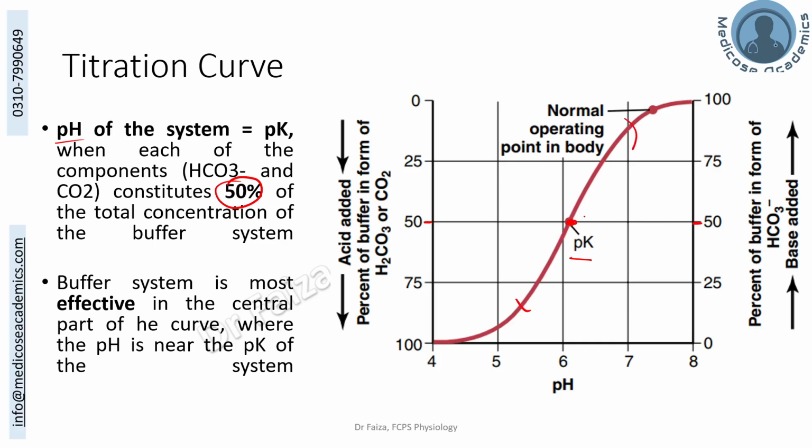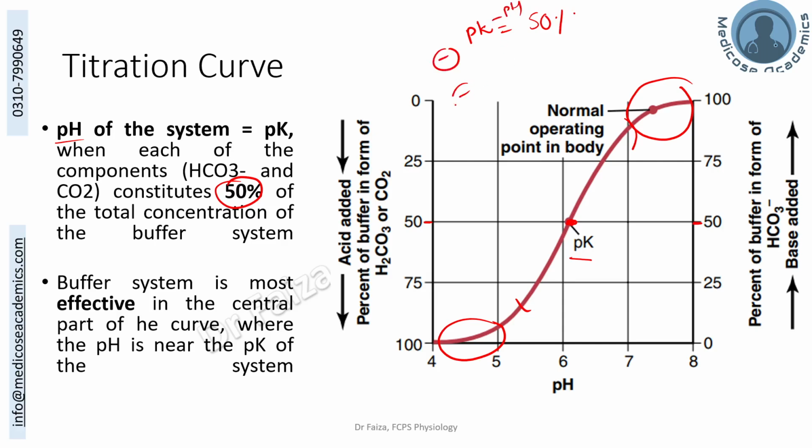As you can see, there is a small change in the pH by regulating the change in the relative concentration of the buffer systems. However, at the extremes, the buffering power of a buffer system becomes less and the pH change is more with a small change in the relative concentration. So, two takeaways from over here: number one, pK is the pH at which relative concentration of both substances is 50%.